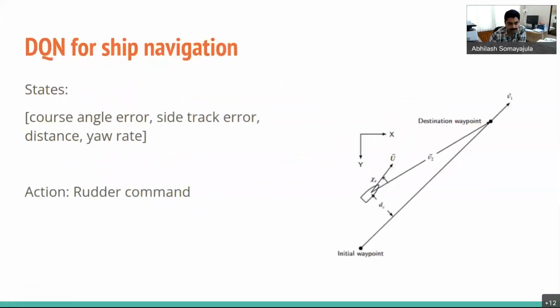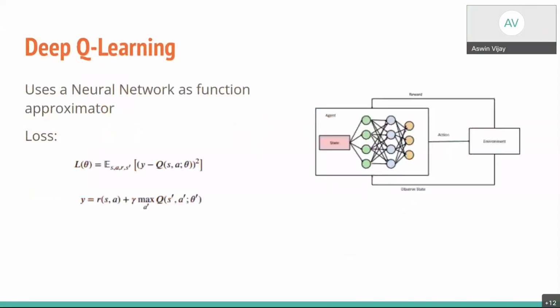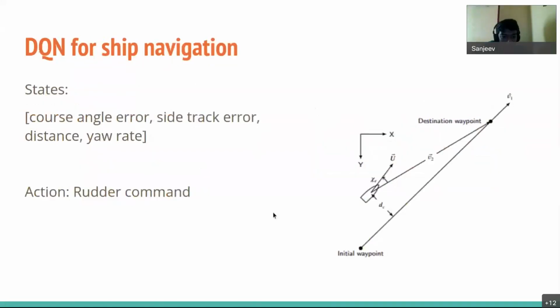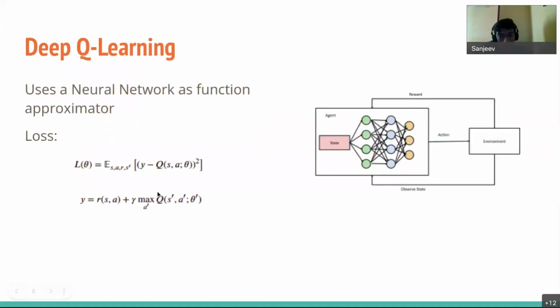So now I'll go into how we are applying deep learning. I had a question: is this different from DDPG? In DDPG you will have two networks. The critic network is what the Q network is here, but the actor network will be different. The actor network has a policy gradient loss, but the critic network does the same thing the Q network does.